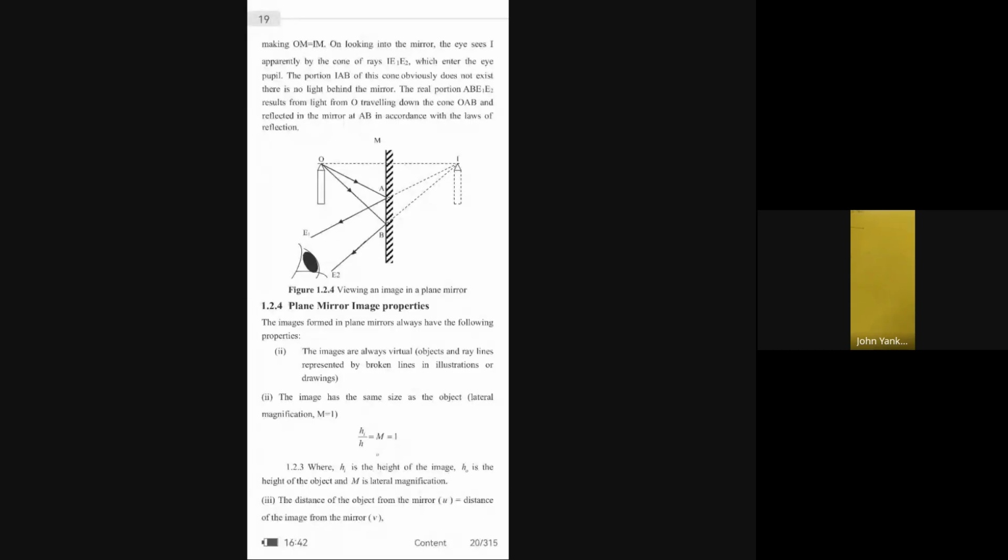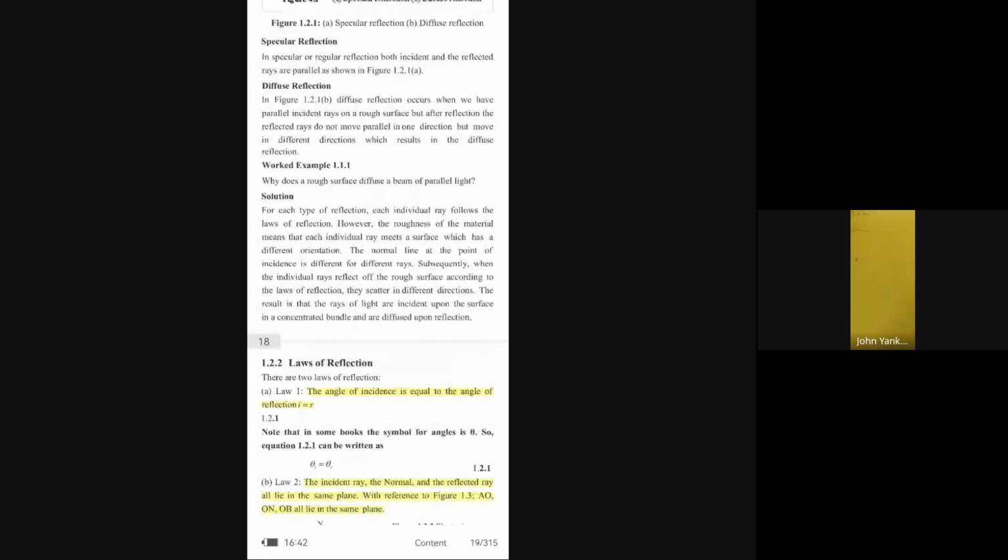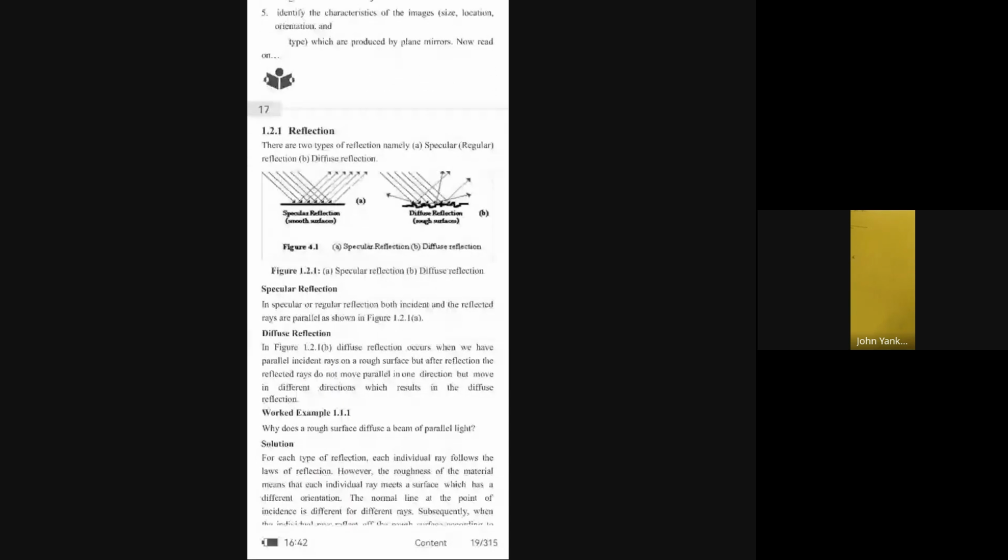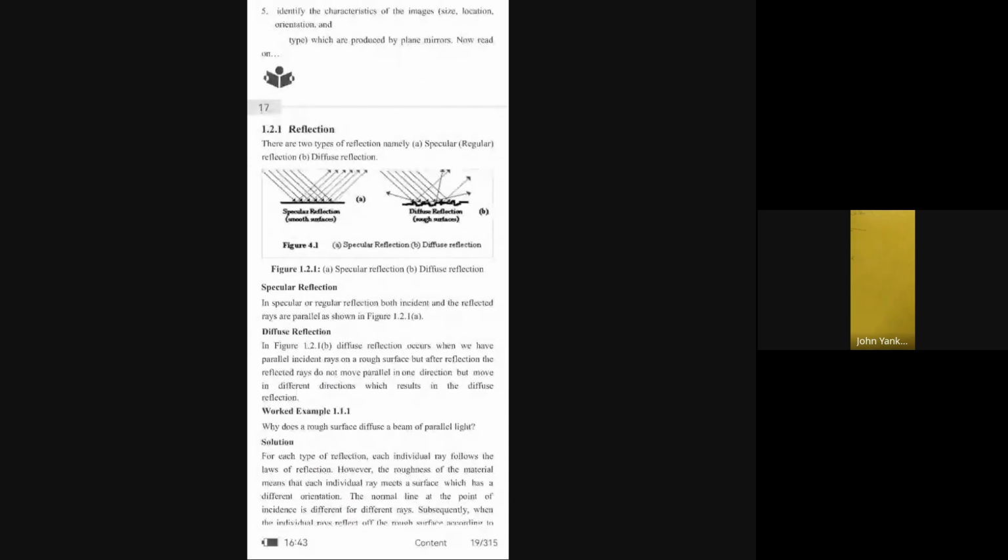Now, the type of reflection that makes you see your clear image in a mirror is what we call regular reflection or specular reflection. This one produces a clear image in a mirror for you to see.